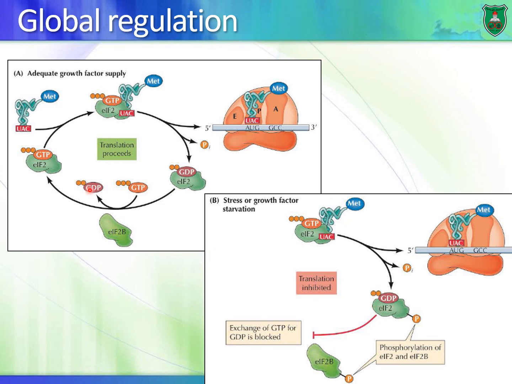So it's not regenerated, so it does not start another round of translation. So that basically stops every process of translation altogether, because there's no time to waste resources for protein synthesis, and cells do not grow. So here, that's global regulation of translation.